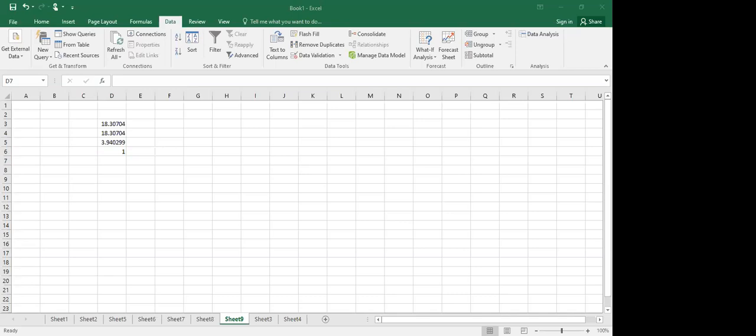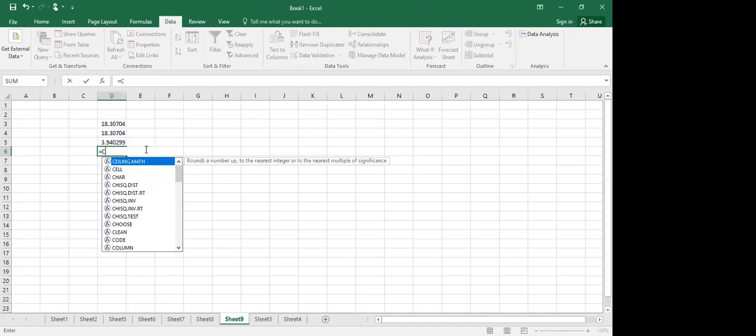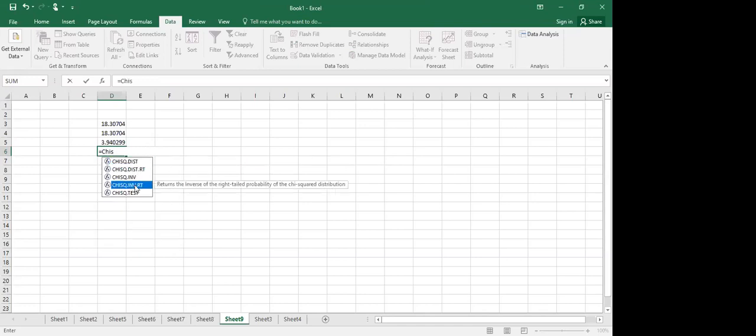I'm not sure I did the right thing here. Equals chi-square distribution right tail... I'm sorry, we are looking for the inverse.